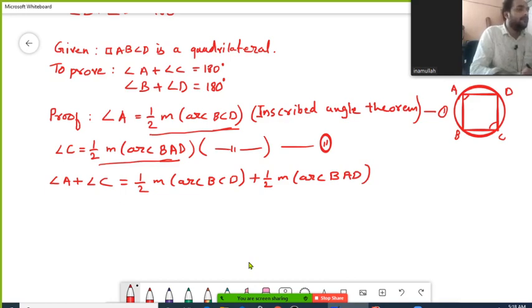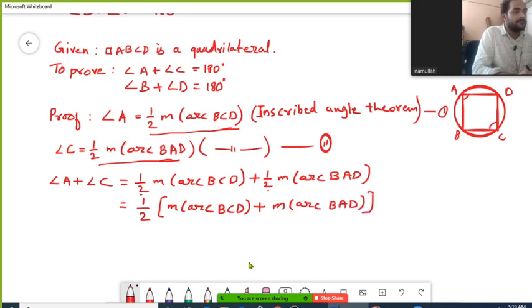Now half is common, so we can take out half as a common factor. Then we have half into major arc BCD plus major arc BAD.